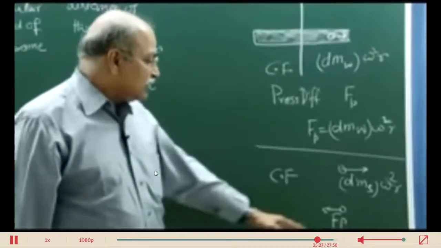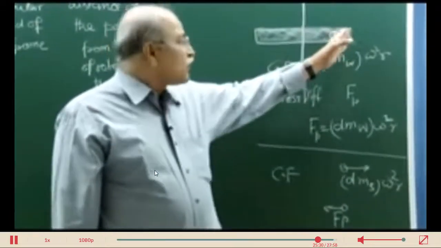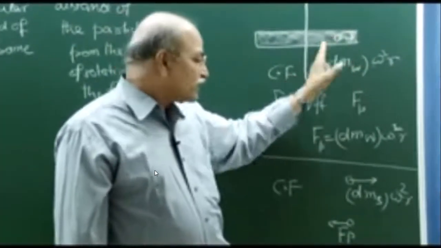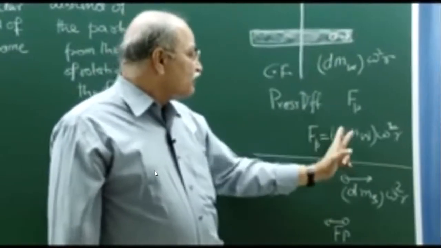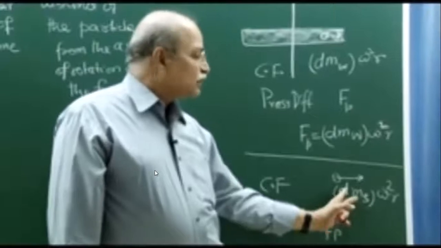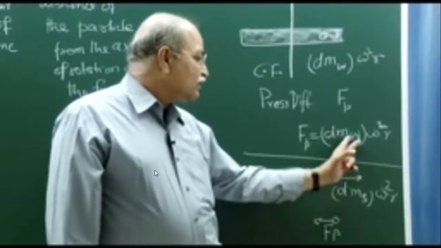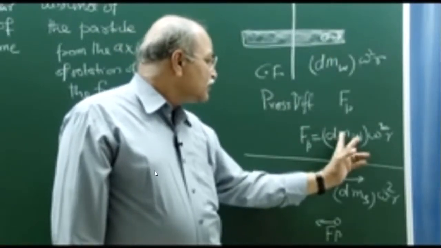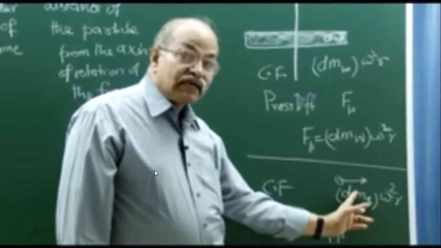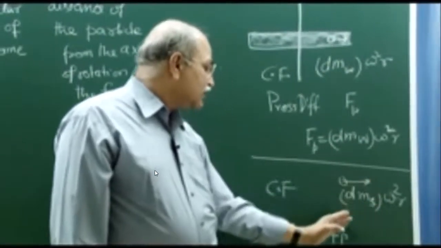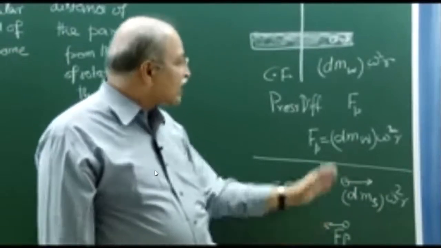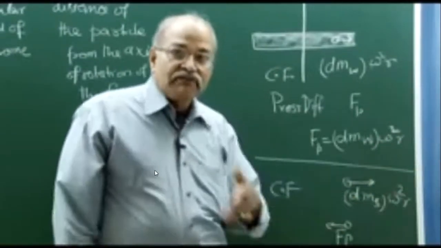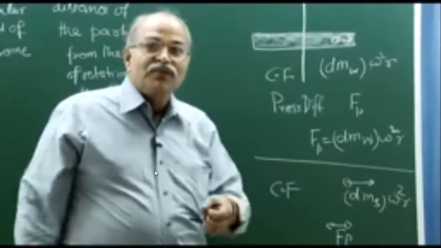Why should it remain the same? Because it is a pressure difference, it is how water is behaving here. What is the pressure here? What is the pressure here? So that remains the same. The centrifugal force has increased because stone is denser than water. So for the same volume, for the same shape, dm of water will be smaller, dm of stone will be larger. So centrifugal force is more than the pressure difference force. The resultant force as seen from this rotating frame is towards the right in this diagram, away from the axis of rotation, and hence the stone particles will go towards the end.